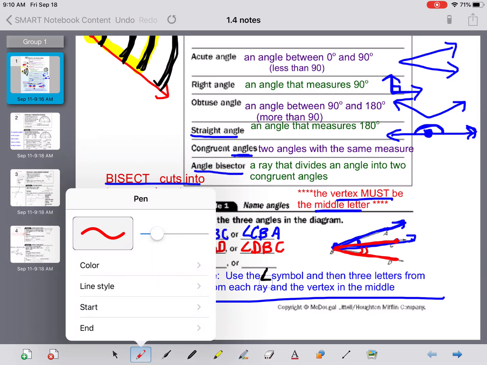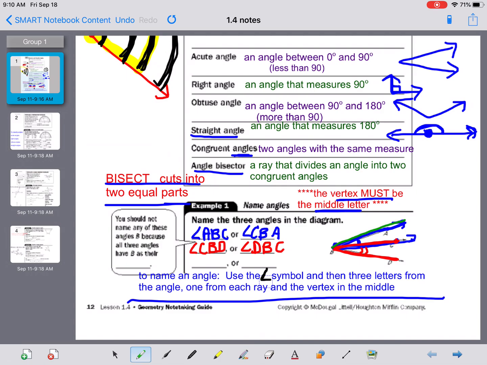Well, don't forget, we can combine these together, and I can get this big angle. It goes right here on the outside, the whole thing, okay? To get you to look at the whole thing, I would tell you A, to start there at the top. I still go to B, and then I go to D this time. So I have ABD, which is the whole thing, or angle DBA, because I can flip it around.